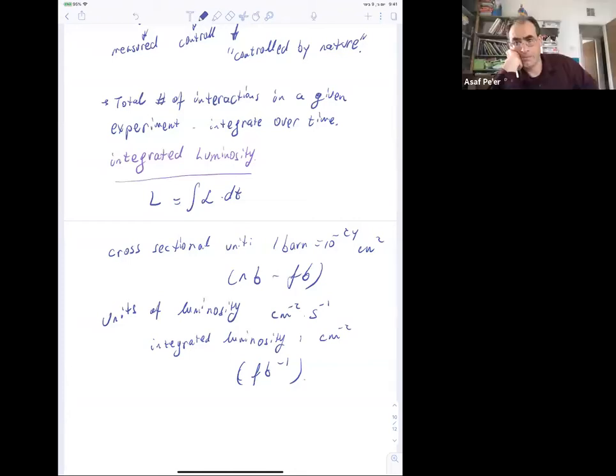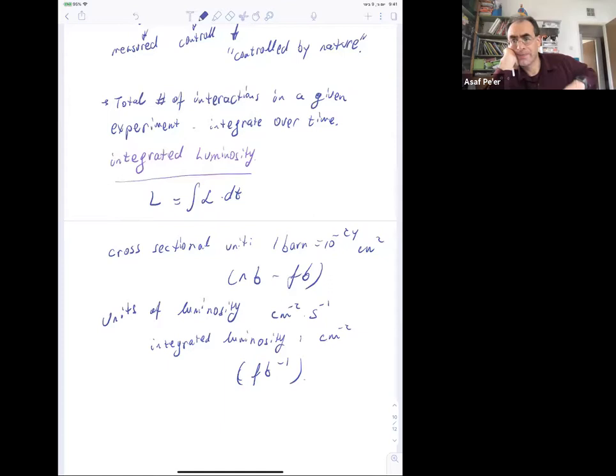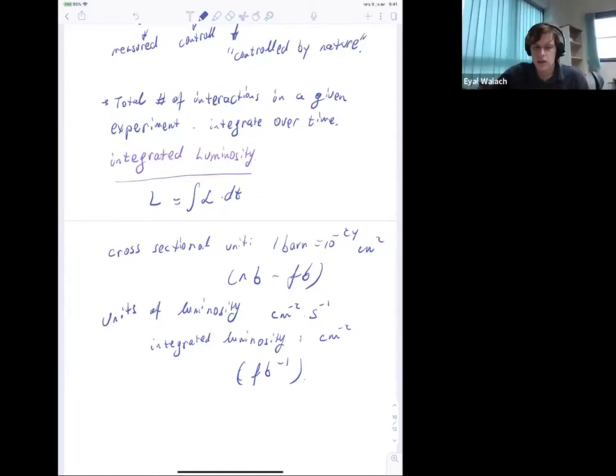So would you say the cross-section in that case is infinite? Yeah, we discussed that. I showed it last week. It is divergent, and that would be the case for any elastic process, actually.